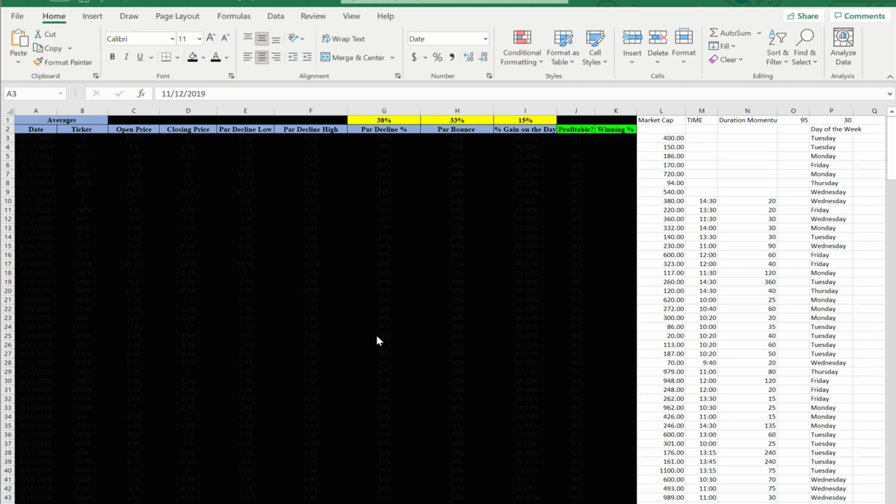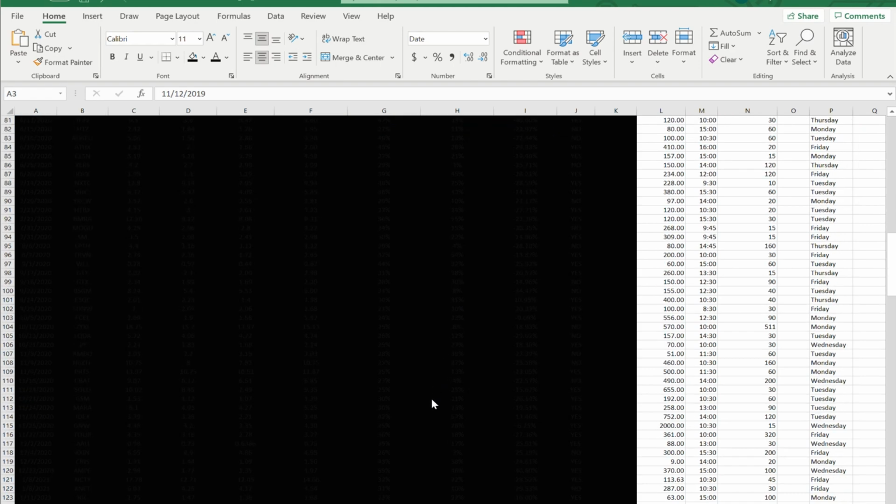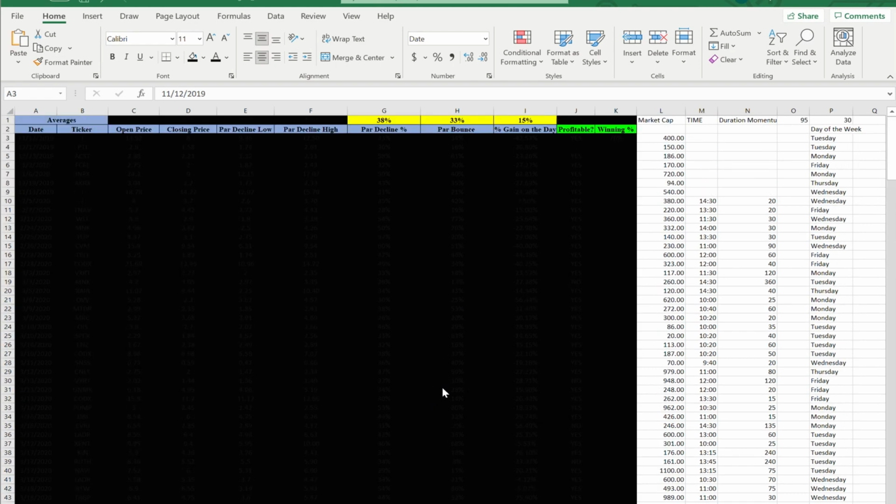First of all, I go to this tab where I'm tracking the large cap dip buy strategy. And why do I have this all blacked out? I get asked literally all the time.